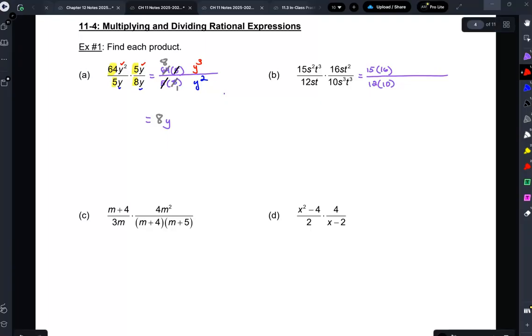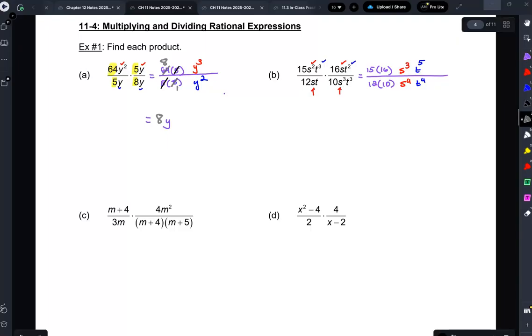Okay, now let's see the s's. S squared times s, s cubed. T's, t cubed times t squared, t to the 5. Here, s's. How many s's together on the bottom? 4. And how many t's? 4.